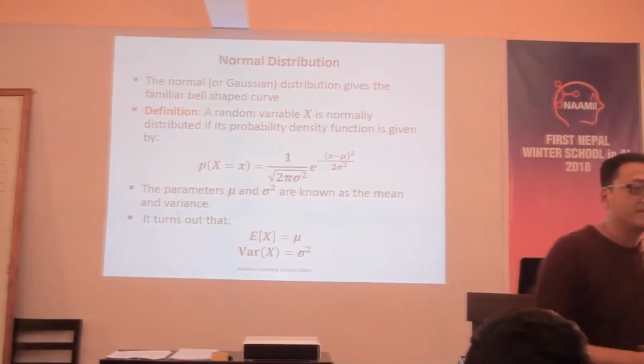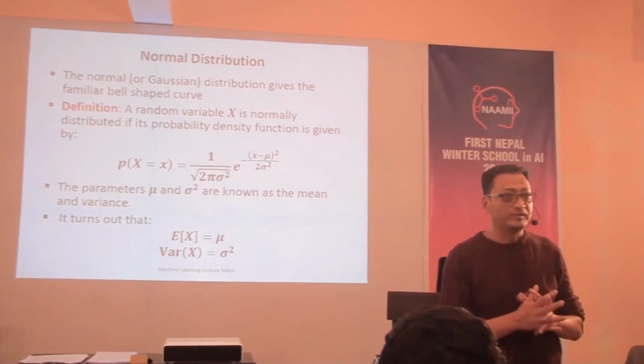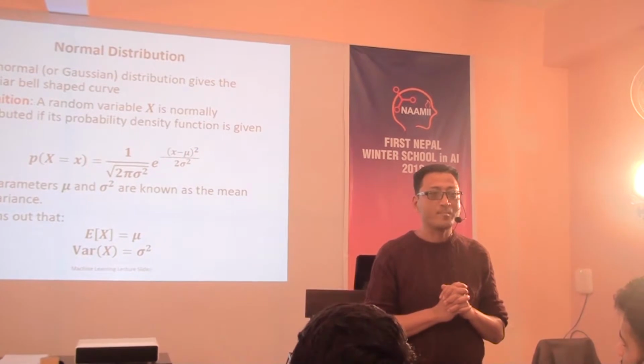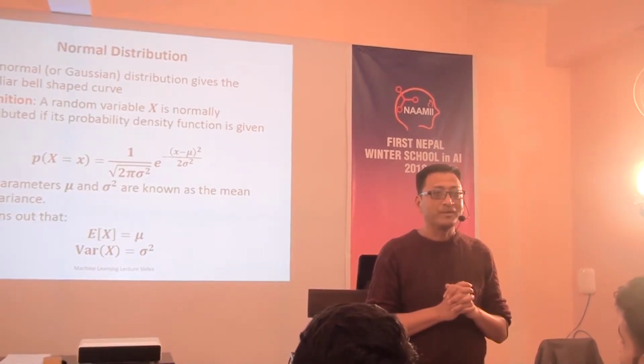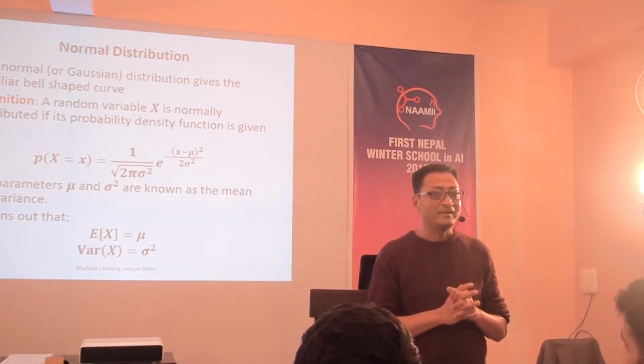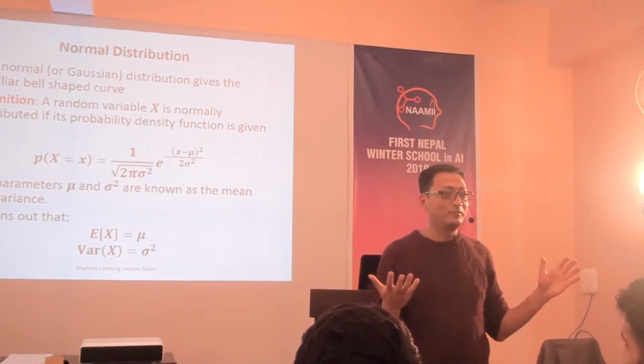So why is the normal distribution so important? Anybody would like to say? Very common in nature. Okay, very common in nature. Anything else? Can somebody give us an example of a normal distribution?